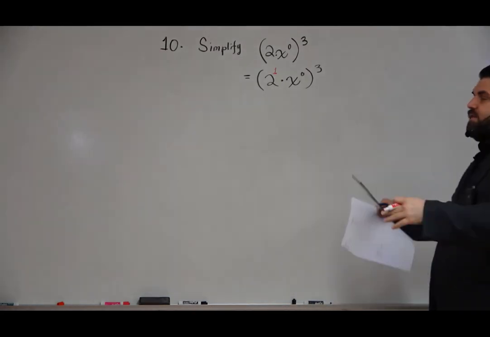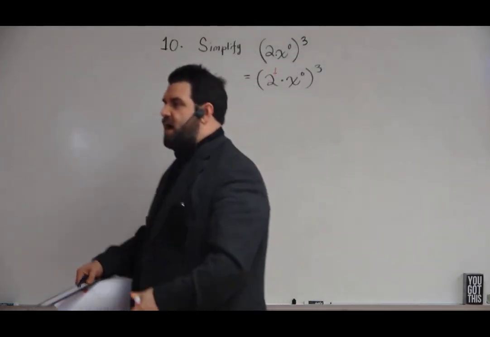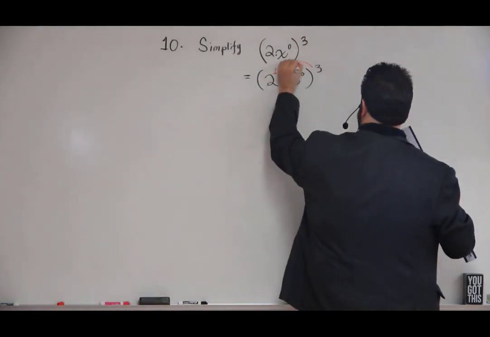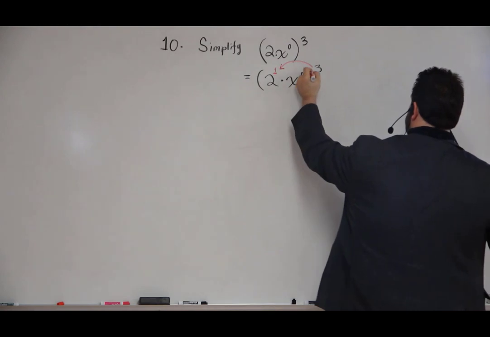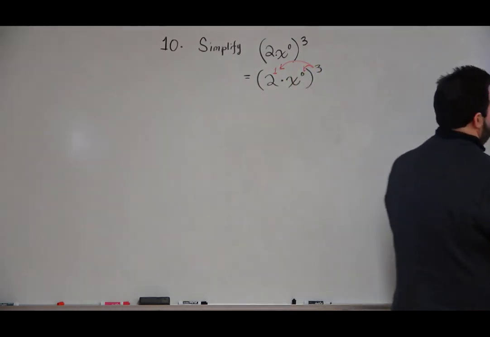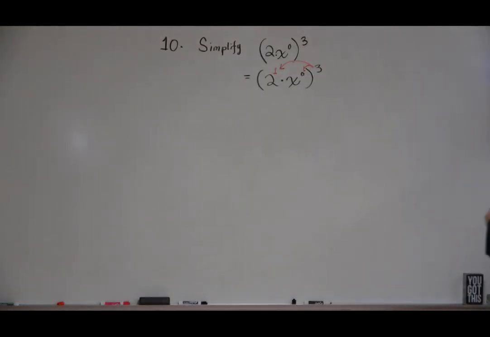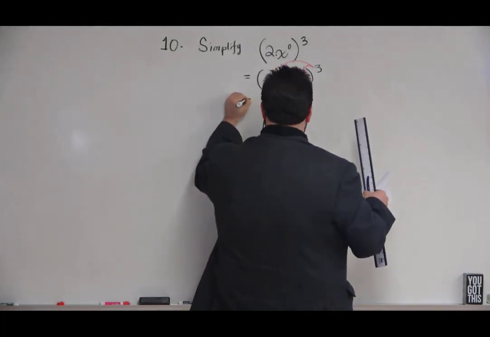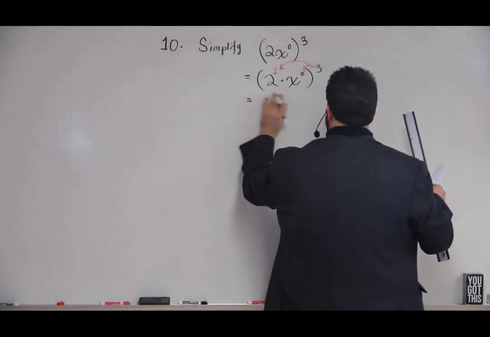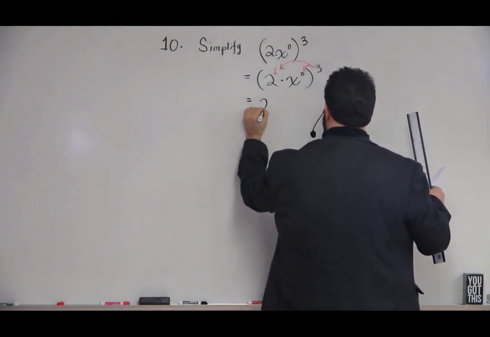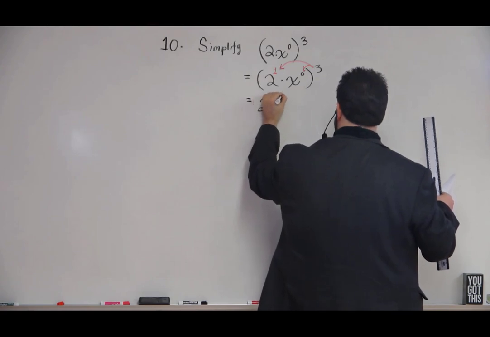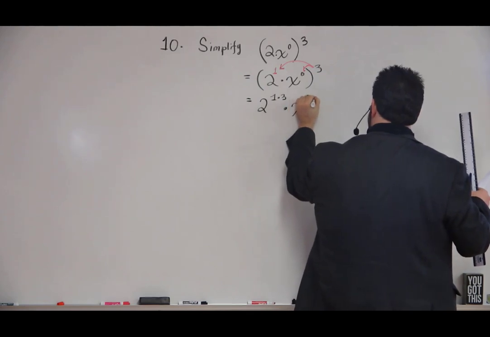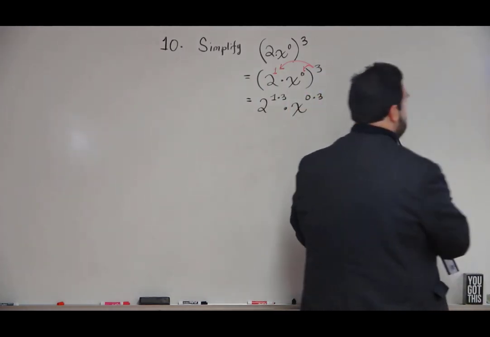Okay, so the power of a product rule states that we distribute, multiply the outer exponent times any of the inner exponents. Please draw your distribution lines. It makes all the difference, because now we can get rid of the parentheses and just write 2 raised to the power of 1 times 3 times x raised to the power of 0 times 3.